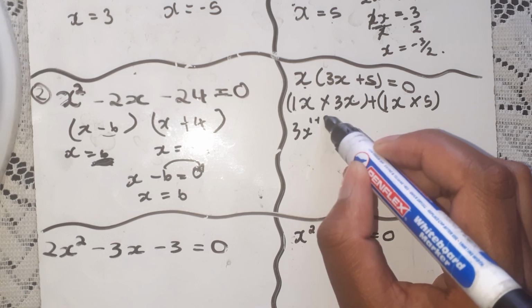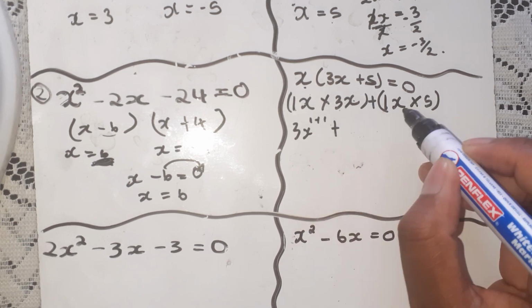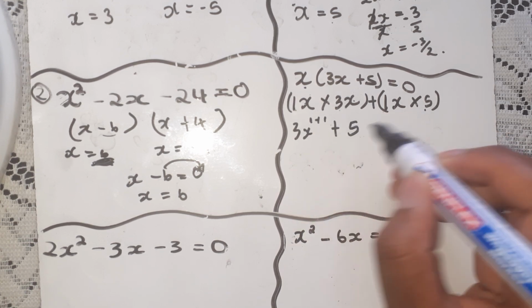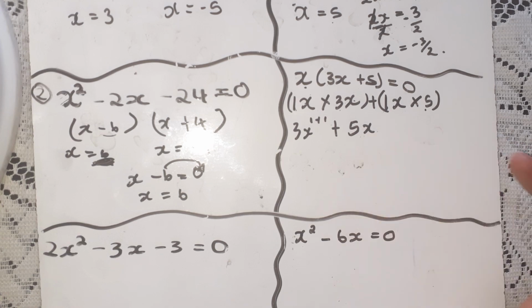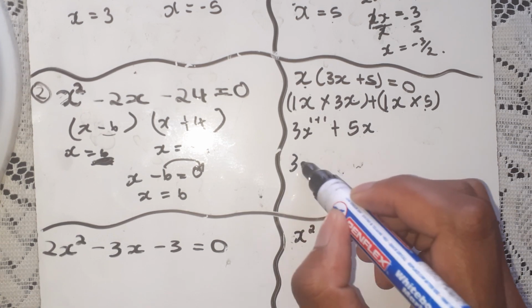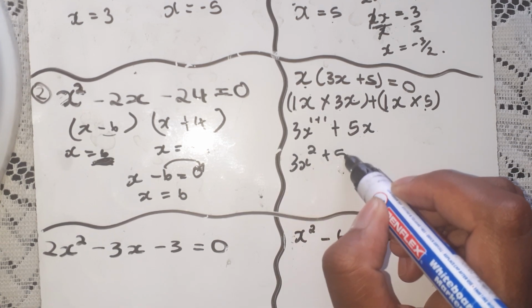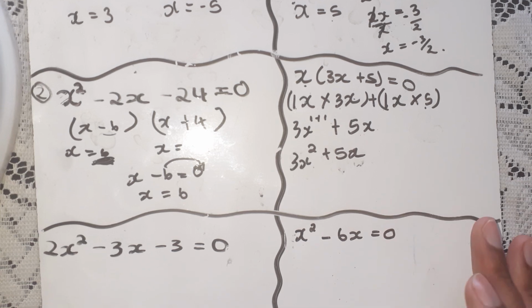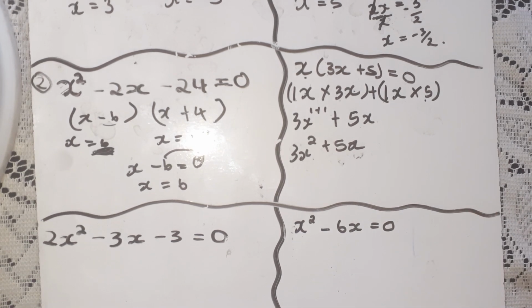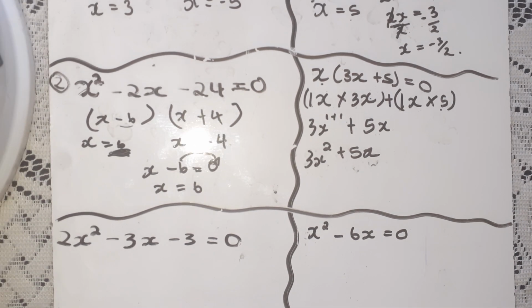Plus 1 times 5, it's 5. And then you just take x as it is. So we have 3x squared plus 5x. You see, that is how we do it.